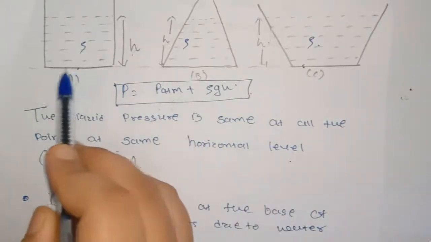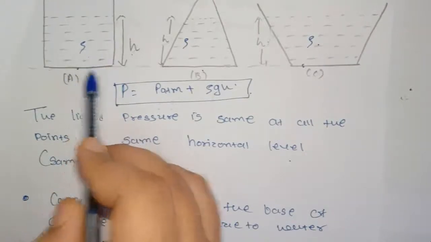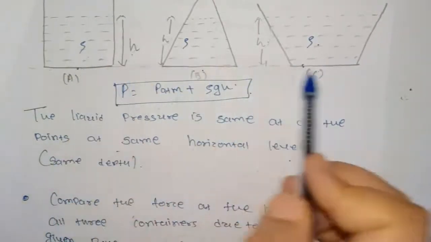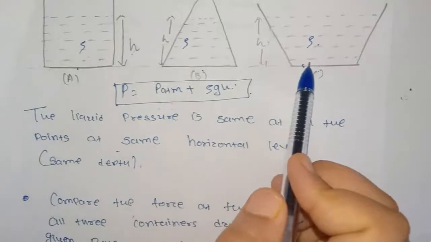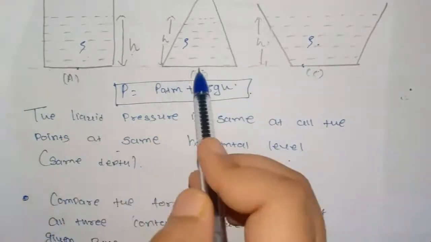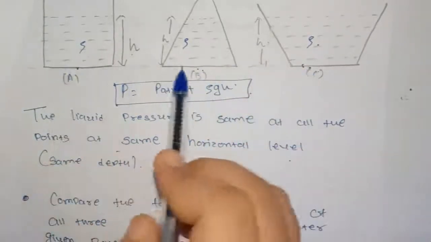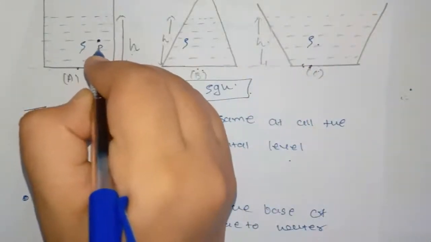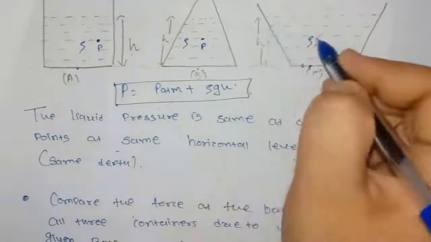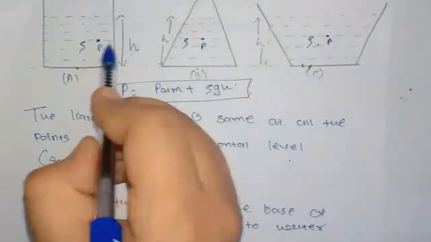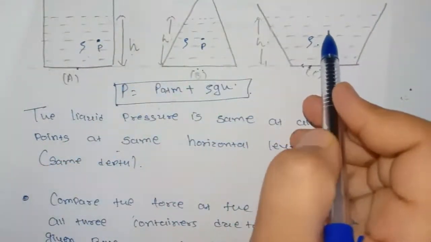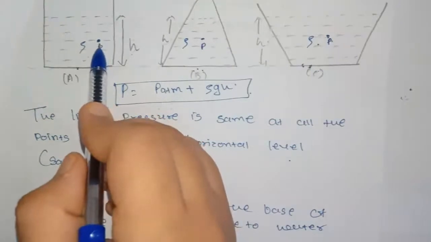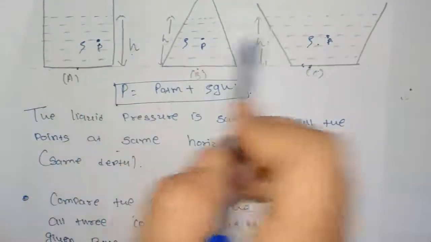If we consider the points at the base, given all 3 containers are kept at the same level, then at the base, as they are at the same horizontal level, the pressure will be the same. If we consider another point P, which is also at the same horizontal level, then at this point P, the pressure will be the same in all 3 containers.